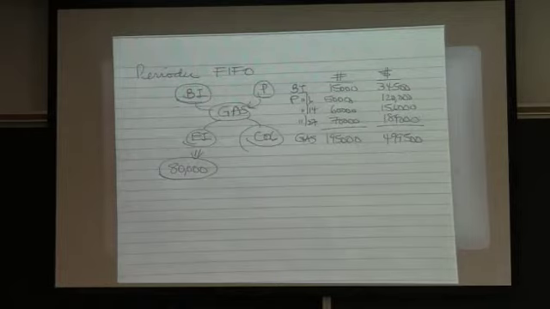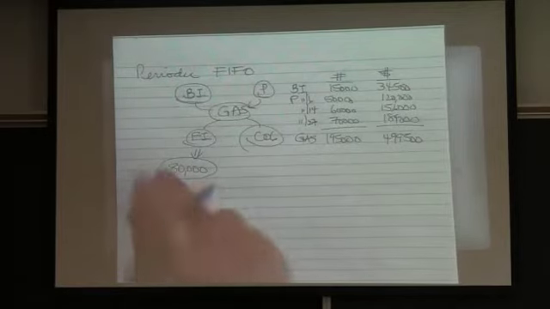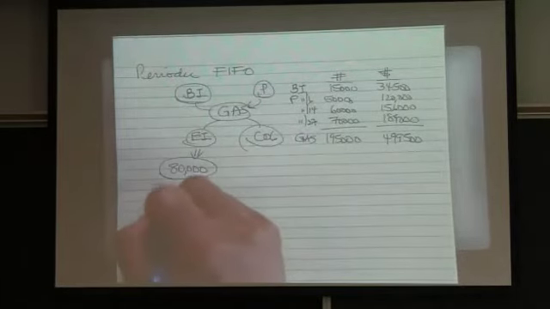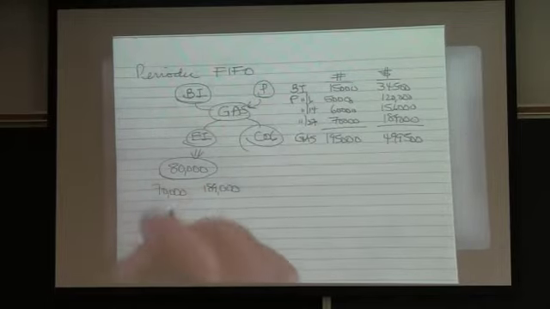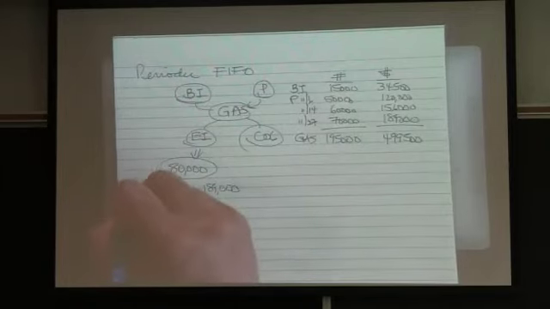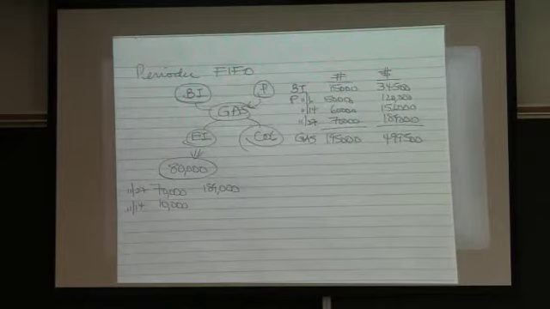Now, because FIFO means the first goods in are the first goods out, that 70,000 must have come from the November 30th purchase, and the 10,000 must have come from the November 14th purchase.